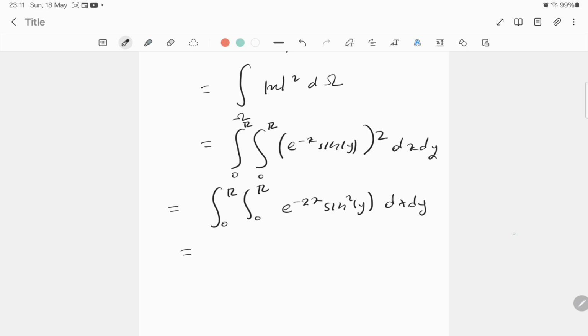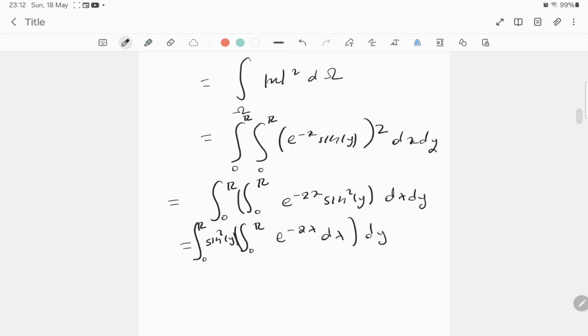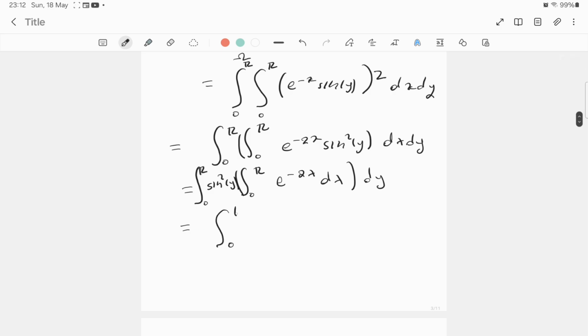I can interchange, so basically here I have a double integral. I can start from the integral inside, so I have the integral from 0 to pi of e to the minus 2x dx, and the sine squared of y can be pulled out. So I have the integral from 0 to pi of sine squared of y times e to the minus 2x over minus 2, evaluated from 0 to pi, dy.